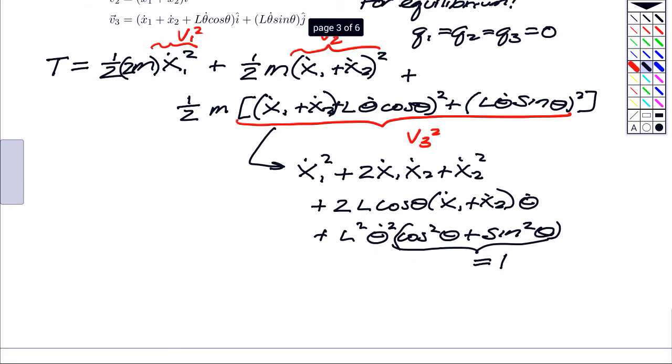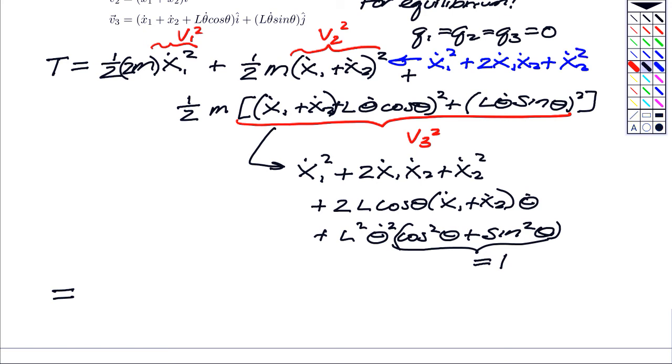So whenever we put together our terms, off to the side I'm going to explain that this is equal to x1 dot squared plus 2 x1 dot x2 dot plus x2 dot squared. So now whenever I group together my terms, what is appearing in front of x1 dot squared is going to be a 3m.